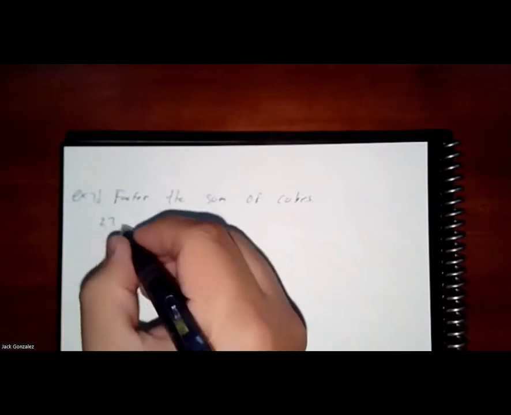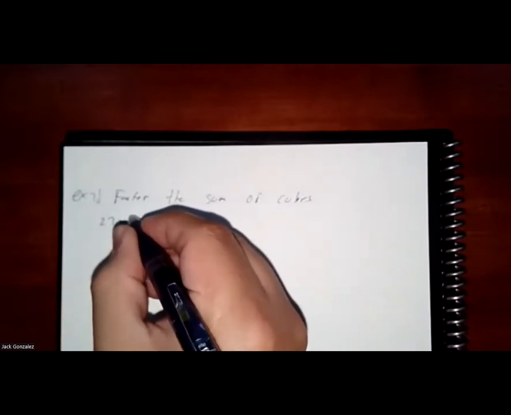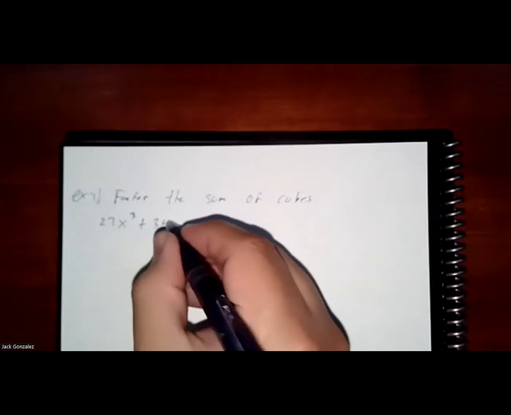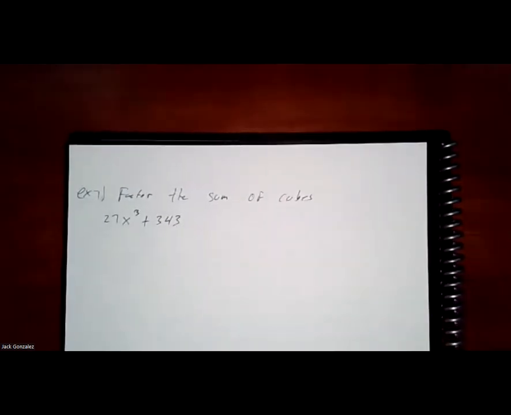27. I'm gonna use X because my T's look like pluses. Okay. So 343 is a cube. What is 343 as a cube?